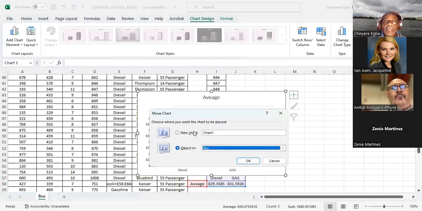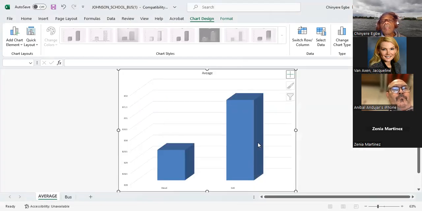I usually like to move my charts. Average. So your chart is now in a separate sheet.